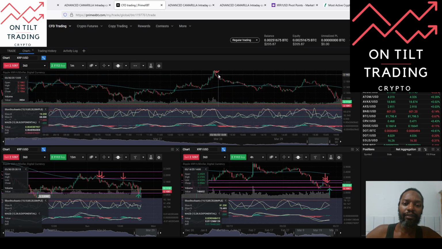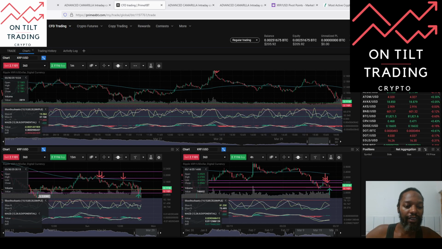I make another add here, but this isn't in relation to the 1 minute chart. This is actually in relation to the 15-minute chart. If you can see here where I add, this is where price action contacts the 200 EMA on the 15-minute, which facilitated me to add to that position.